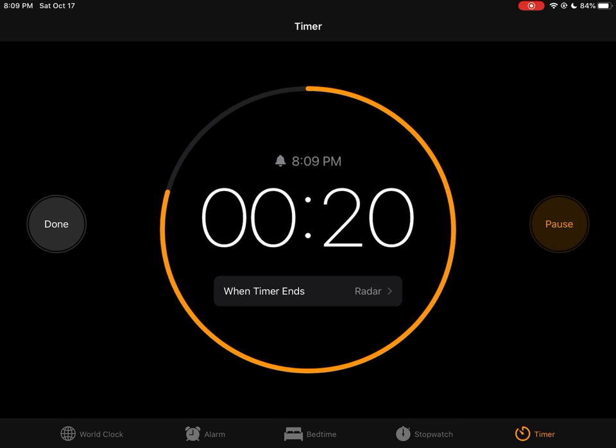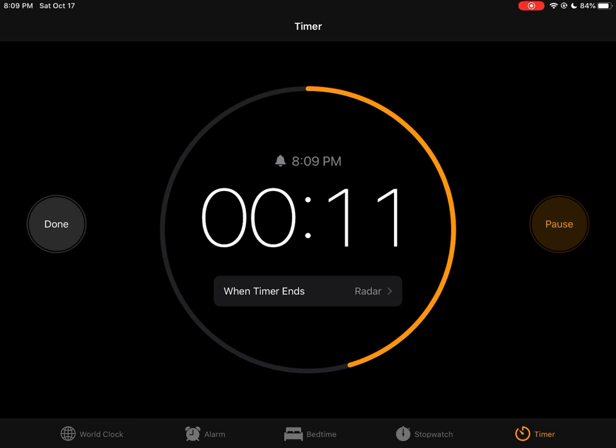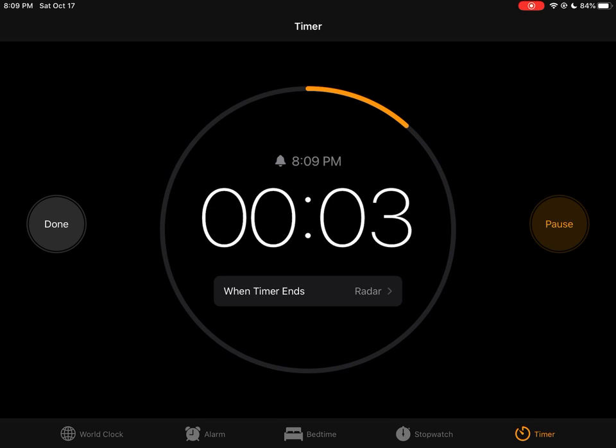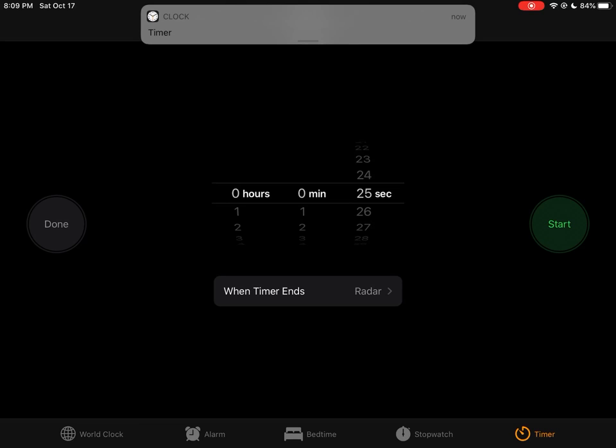Leg squared plus leg squared. See if it equals your hypotenuse squared. Use your Desmos. Do not try to do these by hand or in your head. You got 10 seconds. 5, 4, 3, 2, 1.